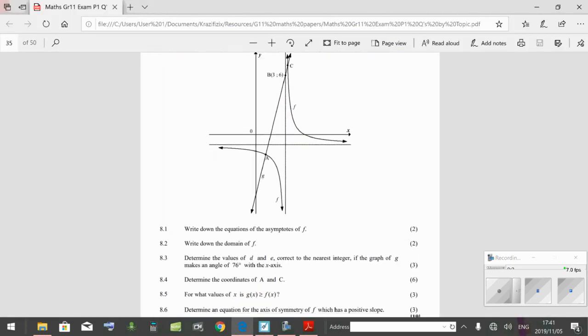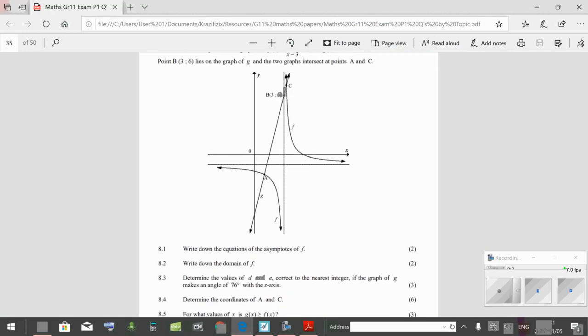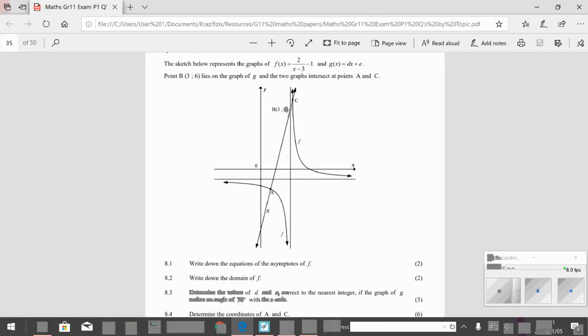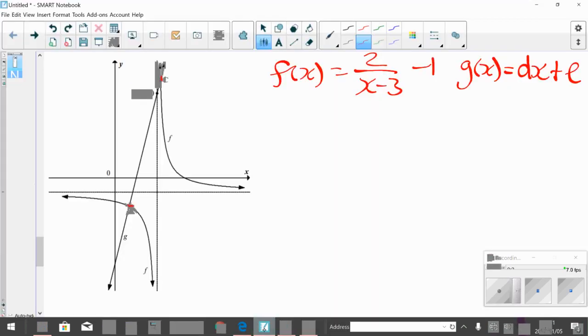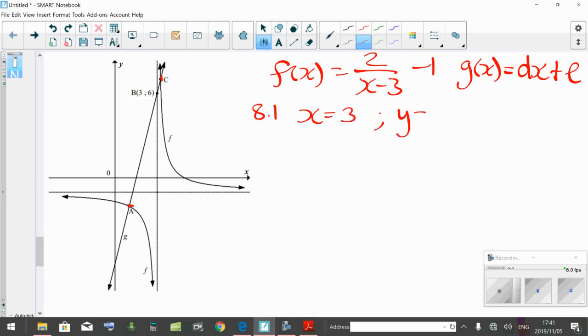What does the first question say? Write down the equations of the asymptotes of f. They're giving us 2 free marks for that. Now, we said that our asymptotes can be read off from the function.